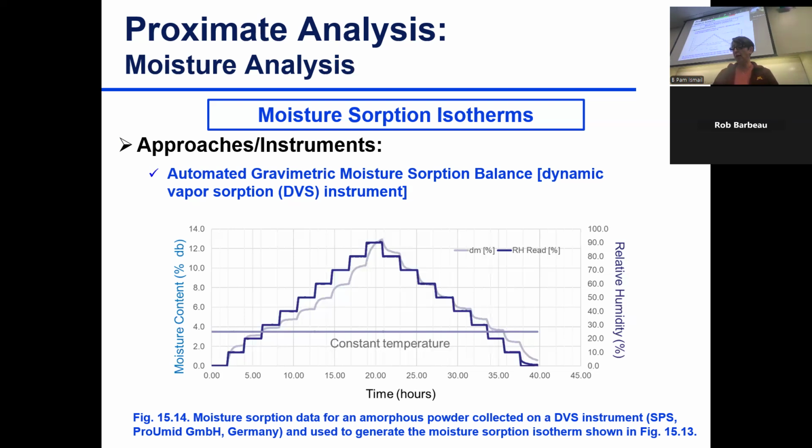Make sure you have constant temperature, let the sample reach equilibrium at a specific relative humidity, measure moisture content and water activity after equilibrium, and then plot and apply the GAB equation, which you don't need to know the mathematics behind, and then calculate the monolayer and predict the shelf life of the product.